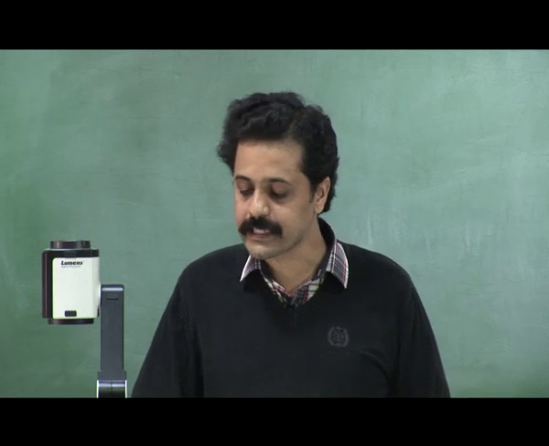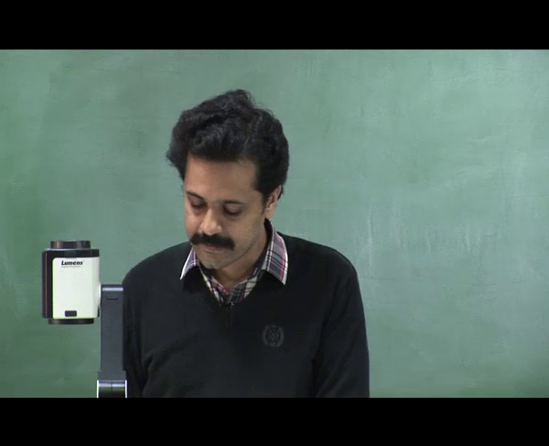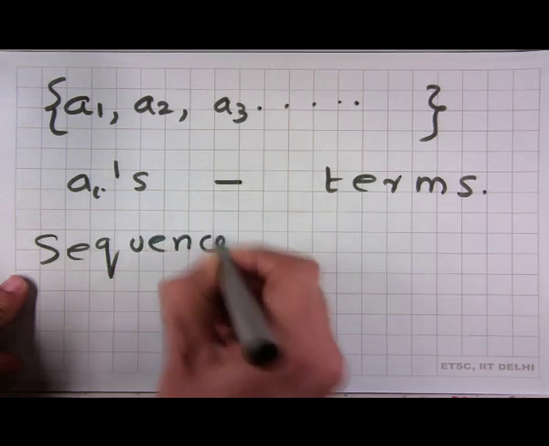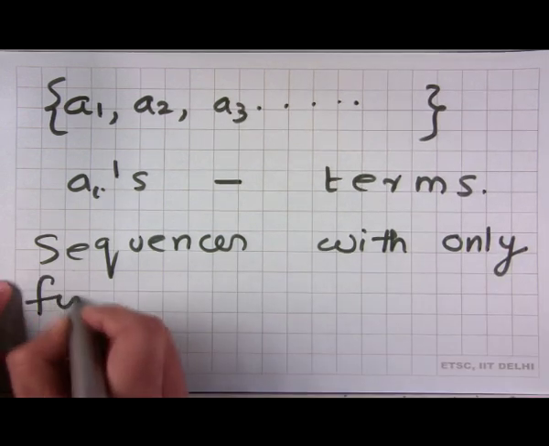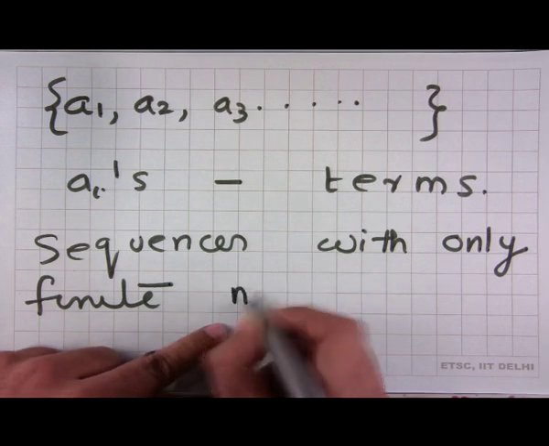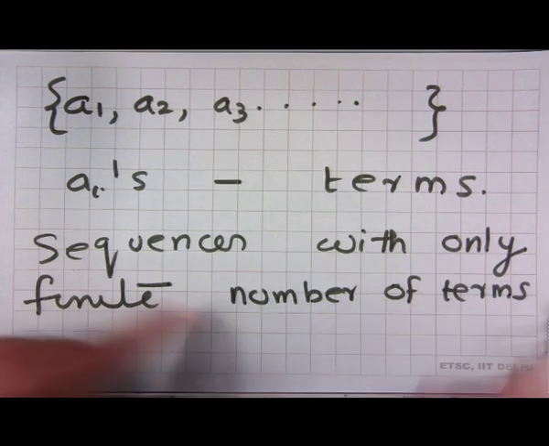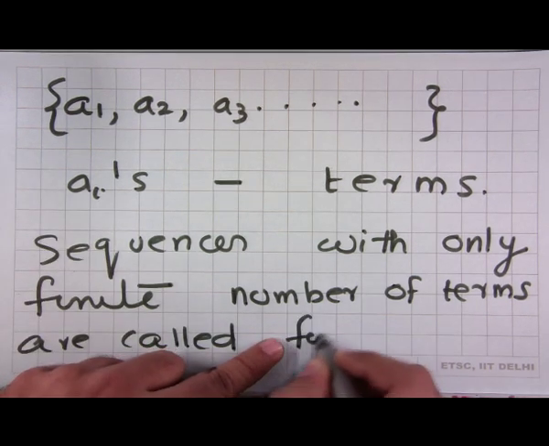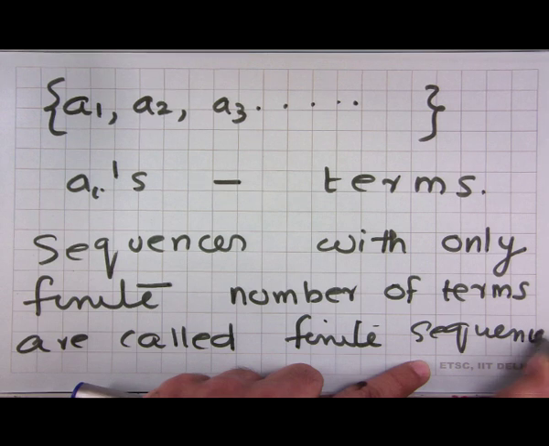Like this, there are instances where we would like to have sequences with a finite number of terms, and such sequences with only a finite number of terms are called finite sequences.